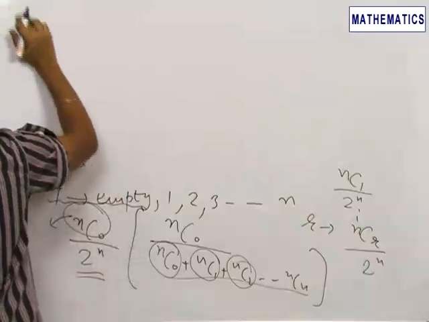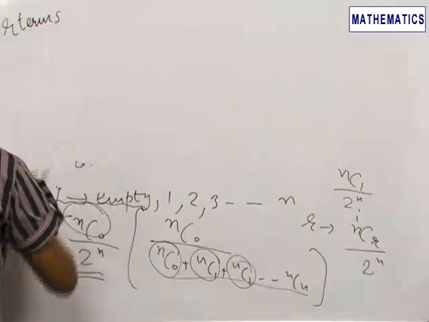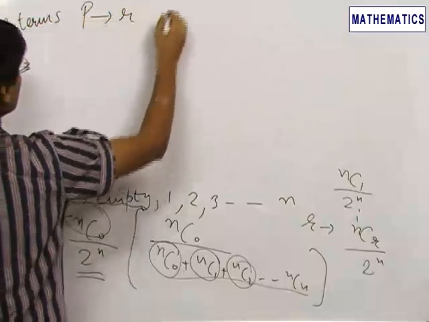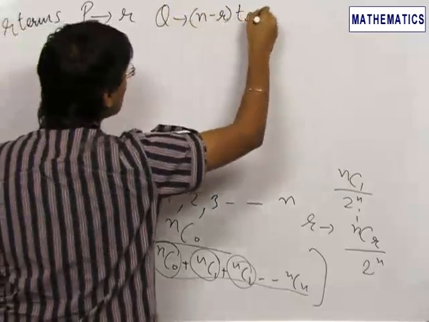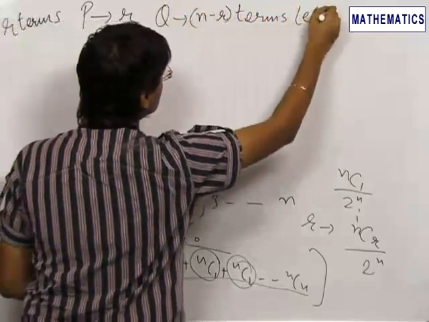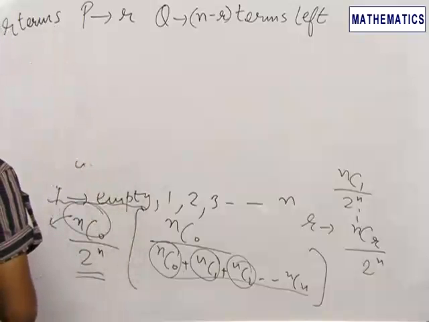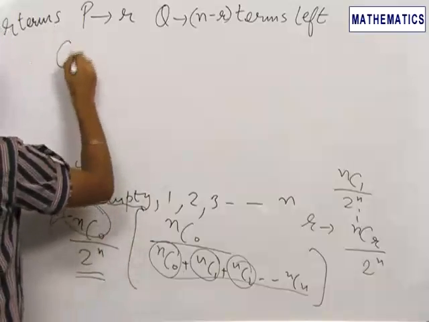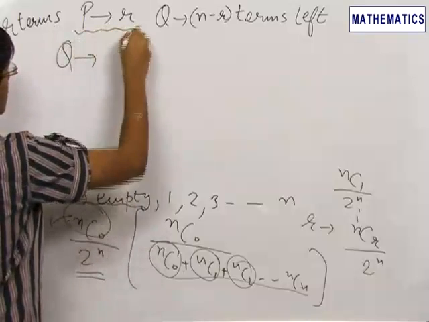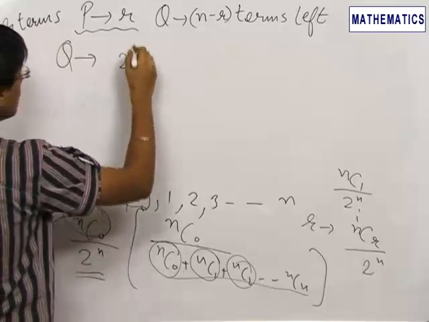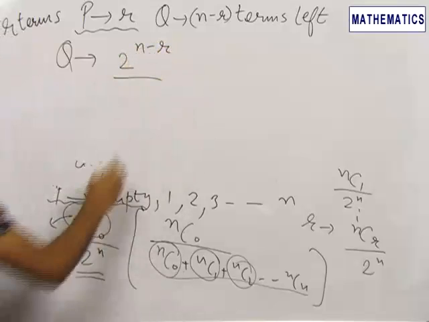So generalizing, for r terms, if P is having r, then for Q there will be n minus r terms left out of the total n terms which were present in set A. So the probability of set Q to not have any common element with the set P is 2 power n minus r upon 2 power n.